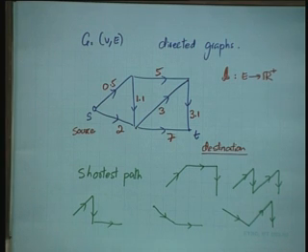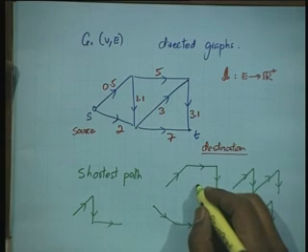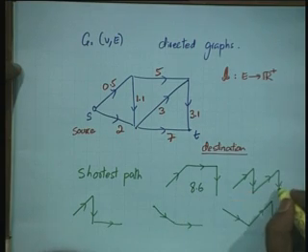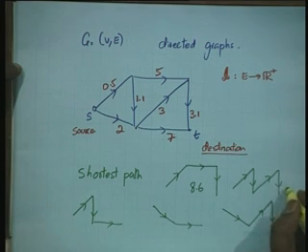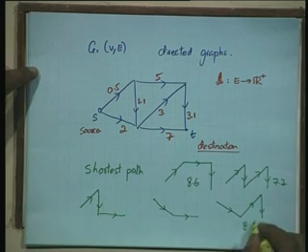So, it is a simple problem to compute the length of each path and take the minimum. So, what is the length of this path? 8.6. Length of this? 7.7. What is the length of this? 8.1.